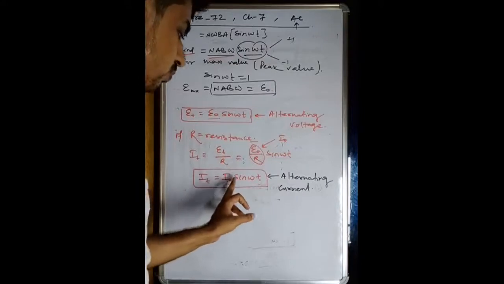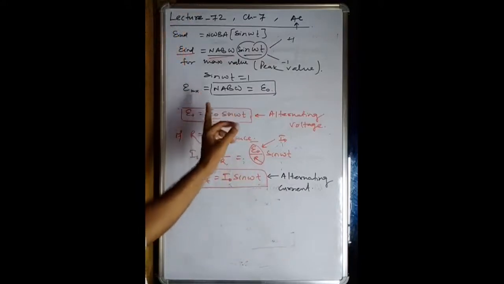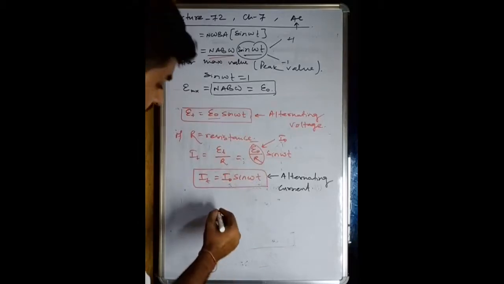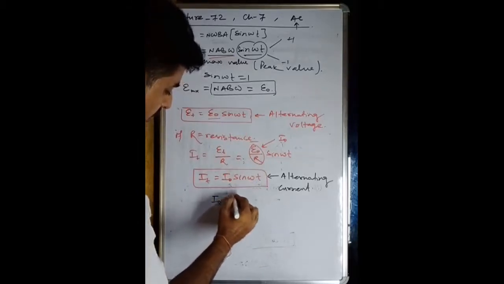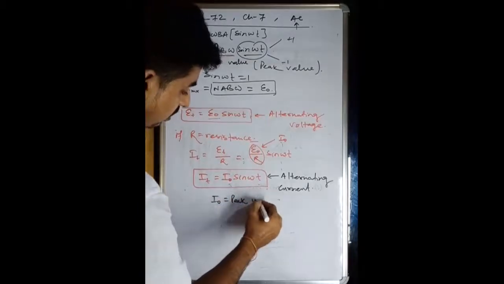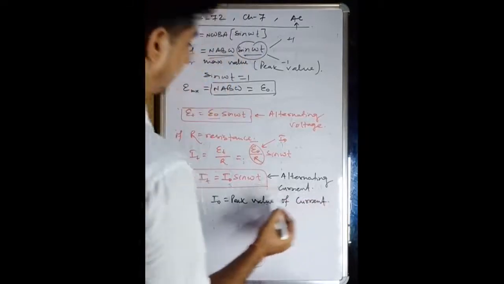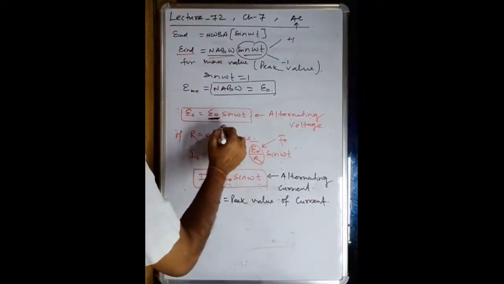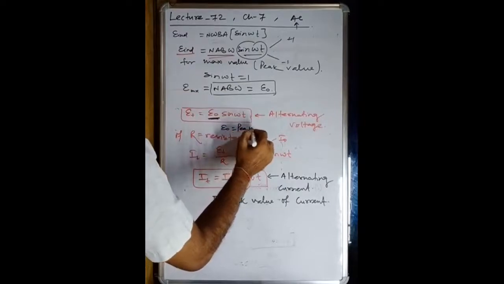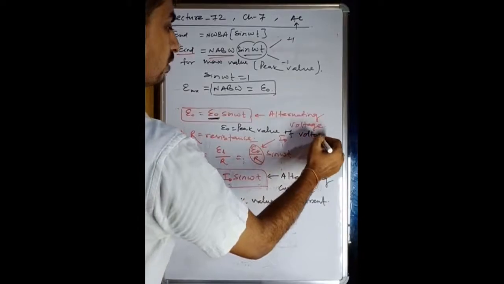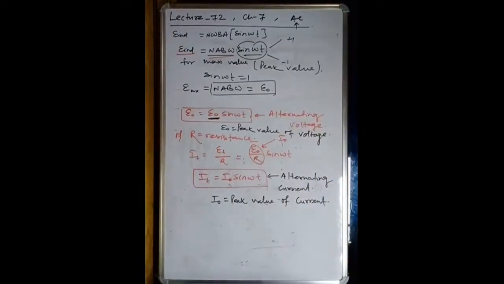Thus I(t) is equal to I naught sine omega t, E(t) is E naught sine omega t, where I naught is the peak value of current, as E naught is the peak value of voltage or EMF. Now we are going to represent this over the graph.